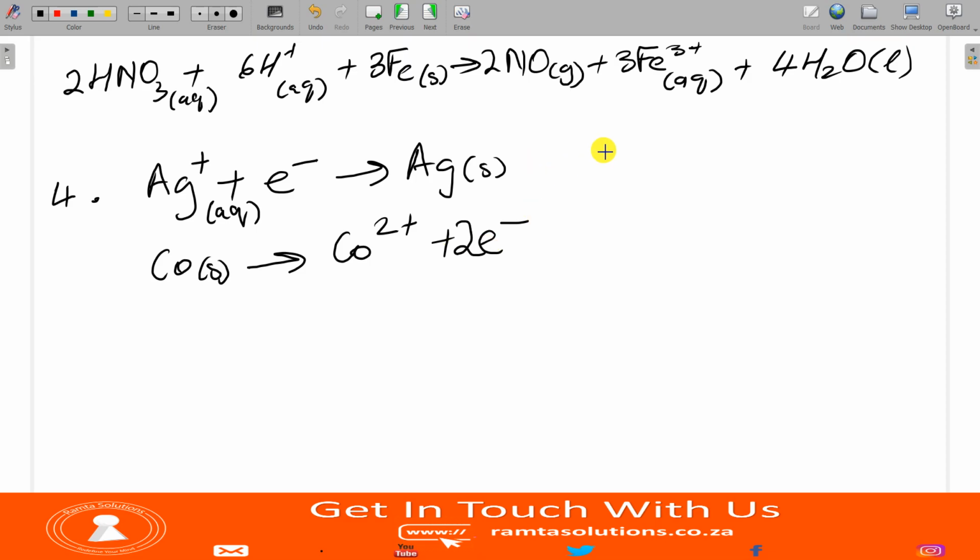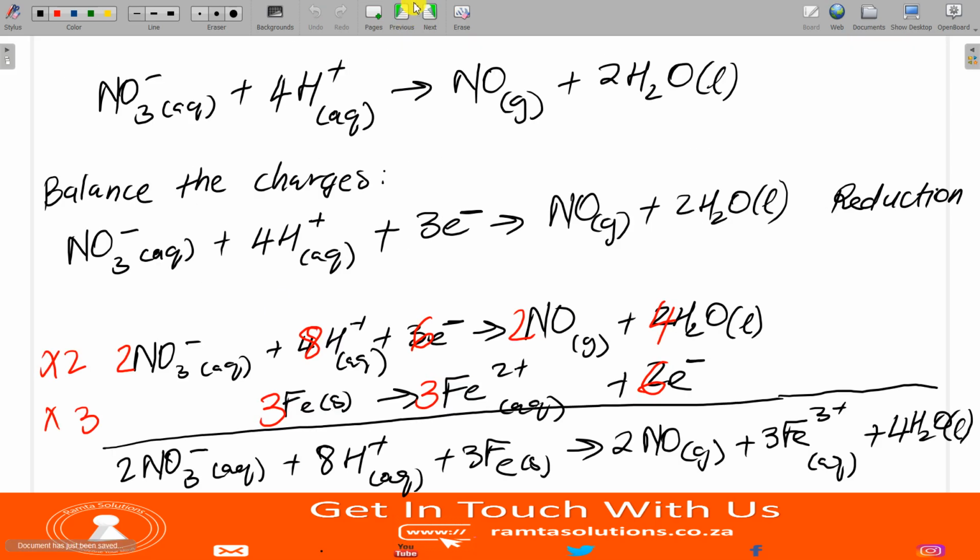As you can see, this is a reduction half reaction. And this is oxidation, half reaction. Okay. All right. This is it. I'm not sure if there's something that I missed.